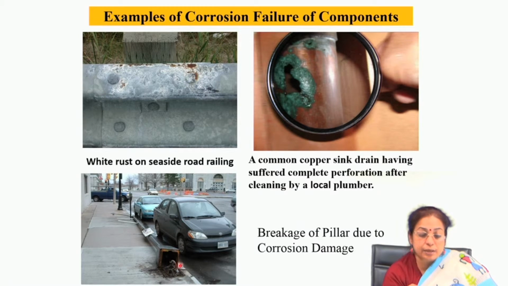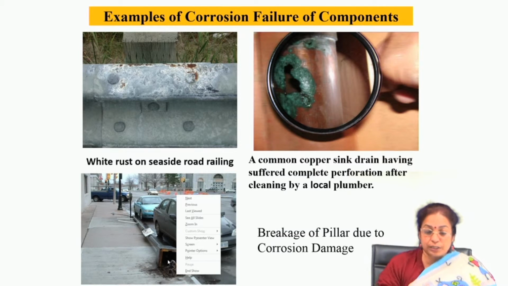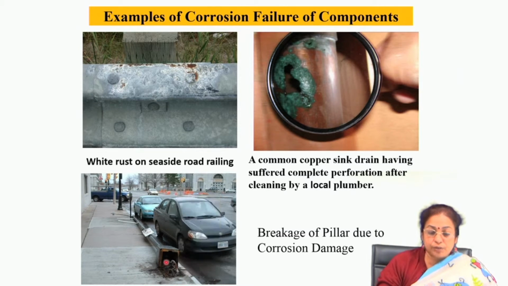This is a typical example of crevice corrosion associated damage of a pillar structure. You will see that the structure started corroding by crevice attack, and the corrosion is so severe that it has fallen from the root actually.